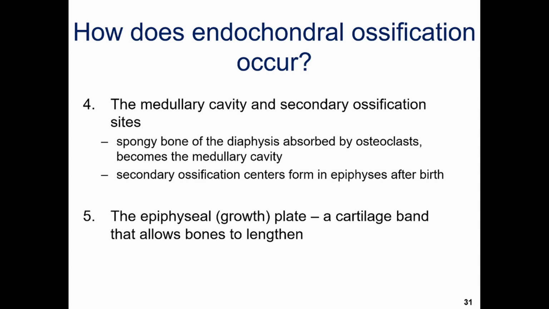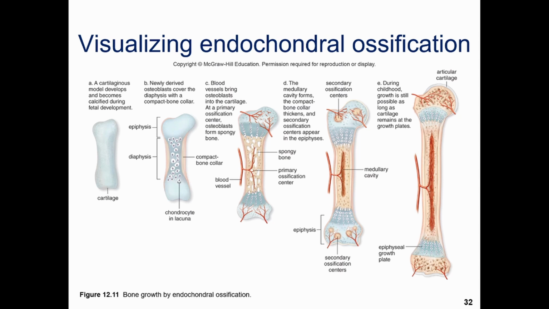If we look at this in an image, here's our general framework made of cartilage. It looks somewhat like a bone, and this is going to serve as our framework to build actual bone on. We see that compact bone collar forming around the diaphysis. Remember, this is still cartilage on the inside.